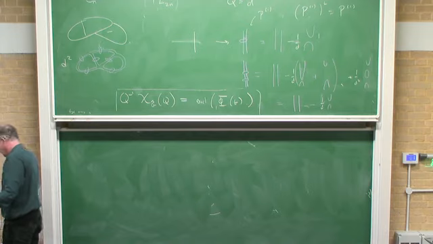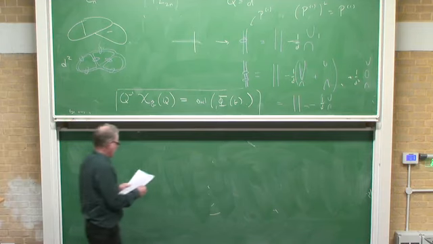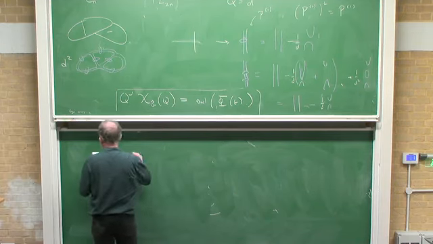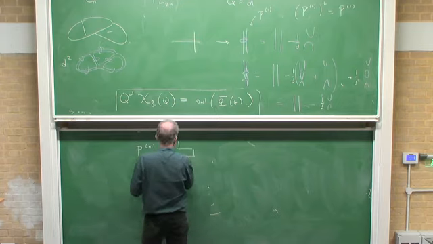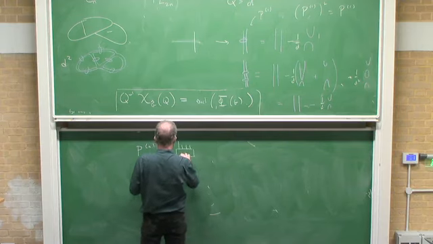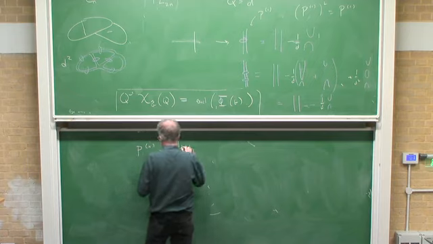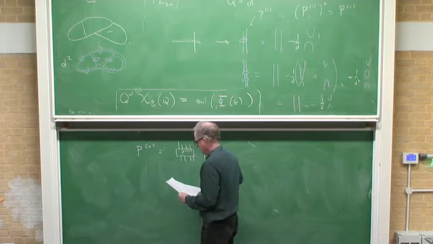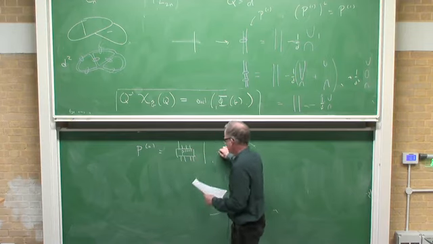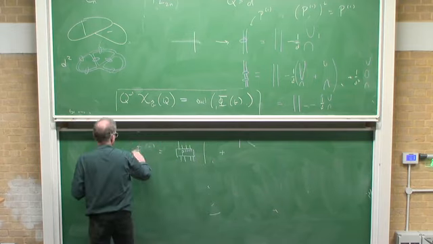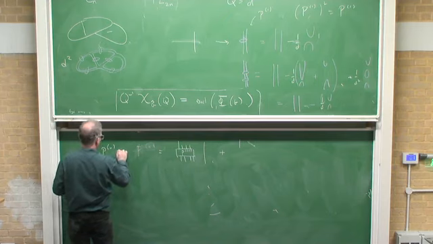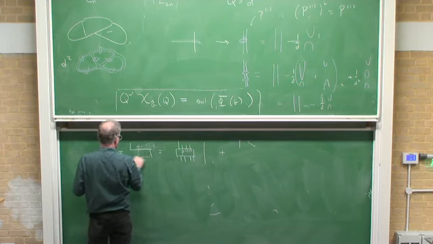Let me just write down a general formula for them, where Pn, you just build, this is just a recursion relation that builds them up. So this would be Pn minus 1, and I put another strand here. So this would be some projector onto n strands. Draw it like this.